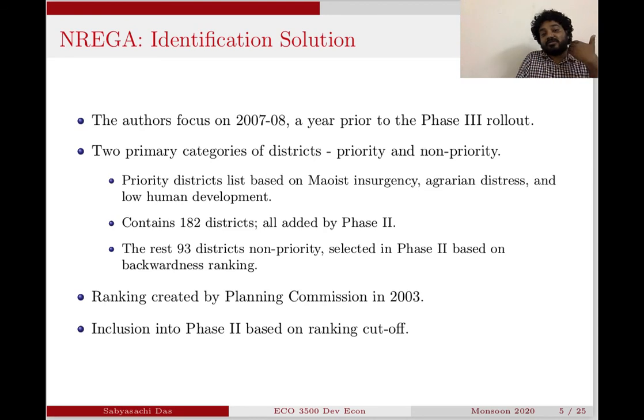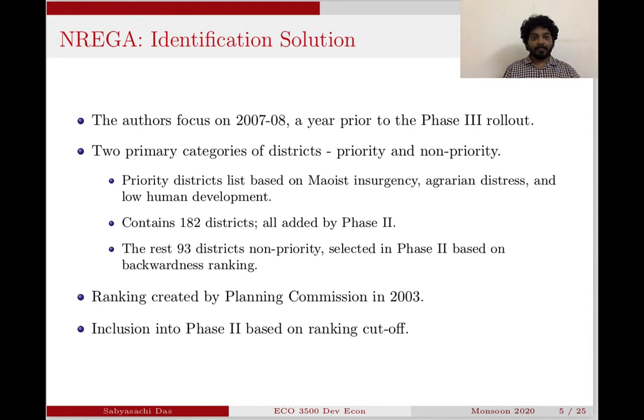Now they point out that the selection procedure for non-priority districts was based on a specific ranking called the backwardness ranking, which was created by the Planning Commission many years ago, specifically in 2003.